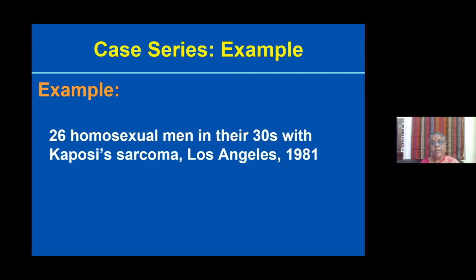This is a very good example where in Los Angeles, 26 homosexual men who were in their 30s came to the clinic with Kaposi sarcoma. This was the year 1981. And you will be surprised to know that this led to the discovery of AIDS.